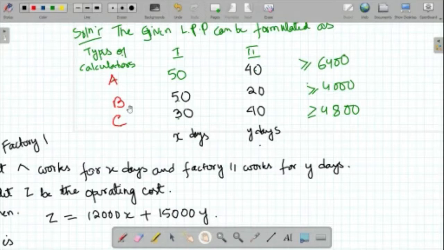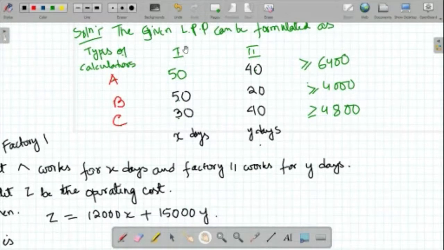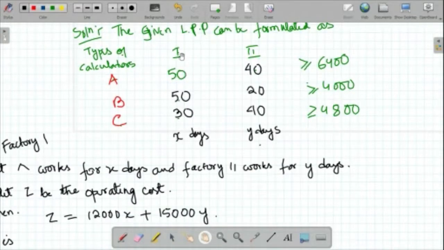Second, calculator B should be minimum 4,000, right? Now for calculator B, factory 1 produces 50 per day, but factory 1 works for how many days? x days.